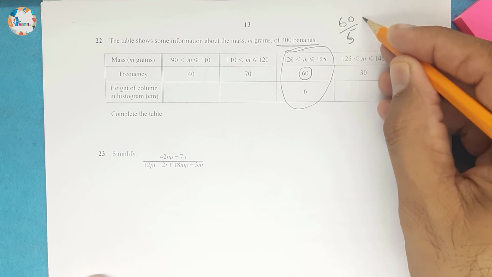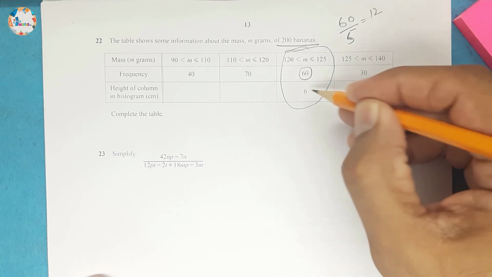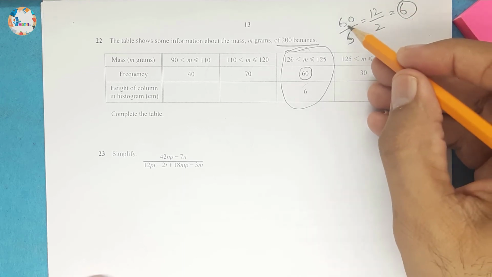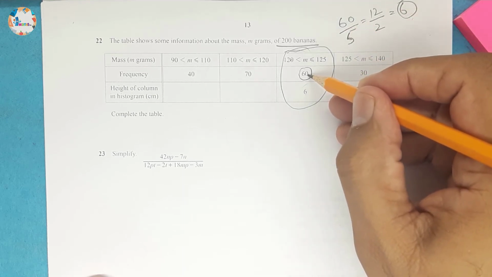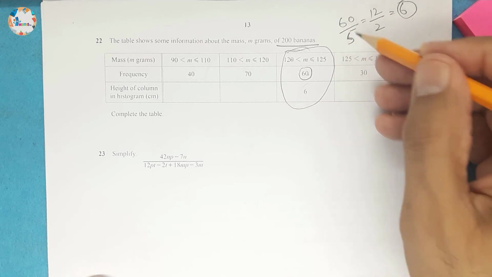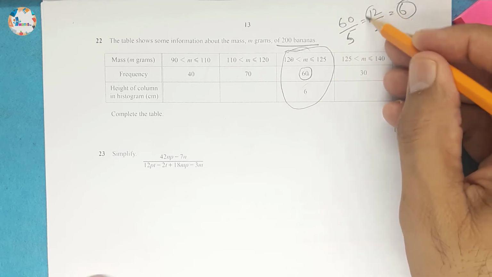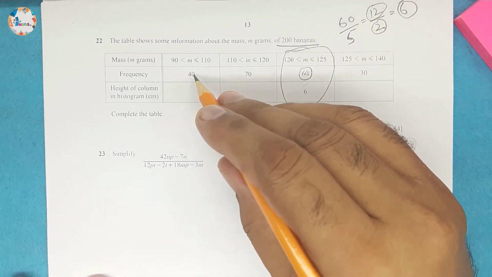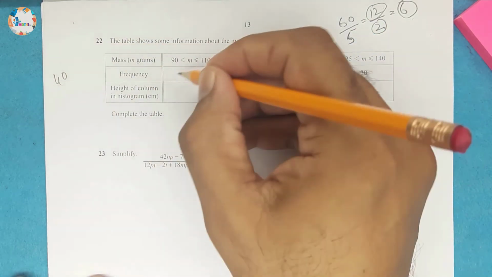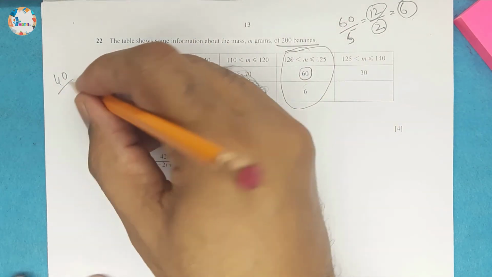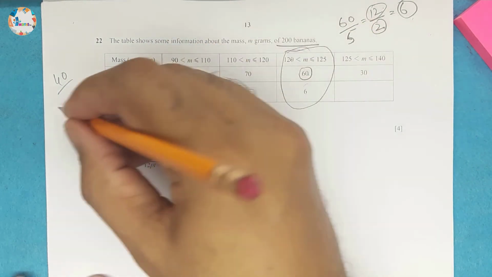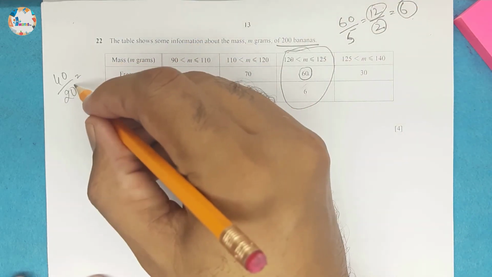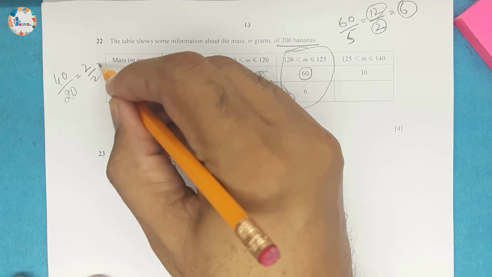So dividing it by 5, they are getting 12, but we have to get this, so divided by 2 will be equal to 6. So first they are taking frequency divided by class width, and whatever answer they are getting, they are dividing by 2. So the same process we will follow for this one. Frequency divided by class width, which is 20, and the answer we are getting will be 2, and this will be divided by 2, which is 1.